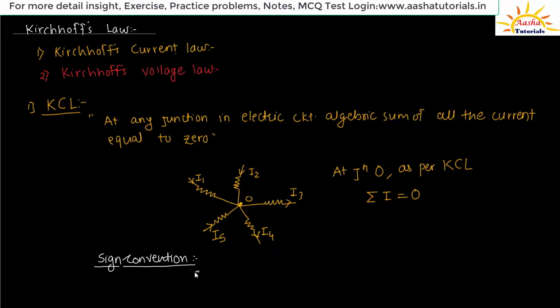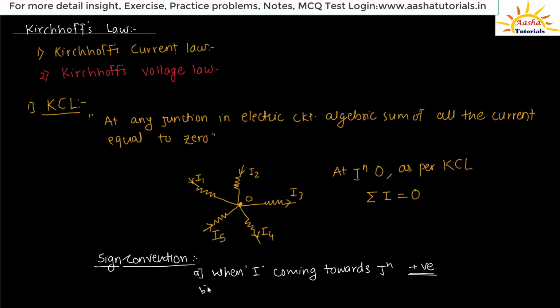As per the sign convention, when current is coming towards the junction, we have to consider that current as positive.